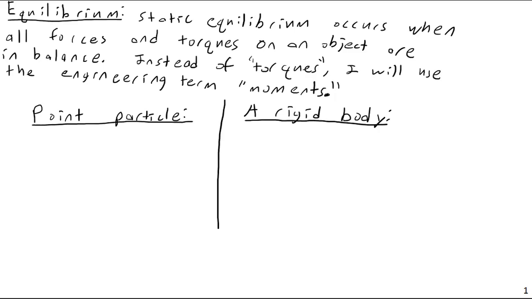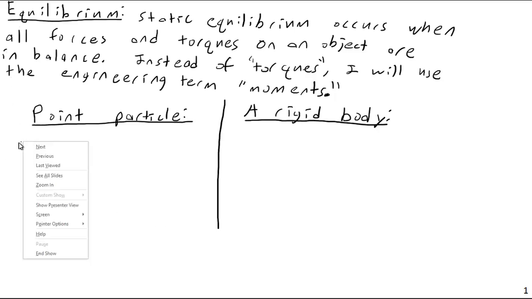The book starts off saying a point is an object with no length, no width, no breadth. A point is an idealized abstraction, an object with no dimensions, so it has no size. A point particle is just obviously a point.